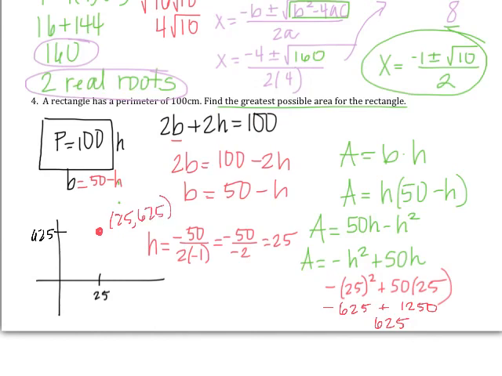And since we said our parabola is going to open down, it looks something like this. So the h is representing the different sides of the rectangle, and the y value is representing the area. So in this case, the greatest possible area would be 625 because that's the maximum value for this parabola.